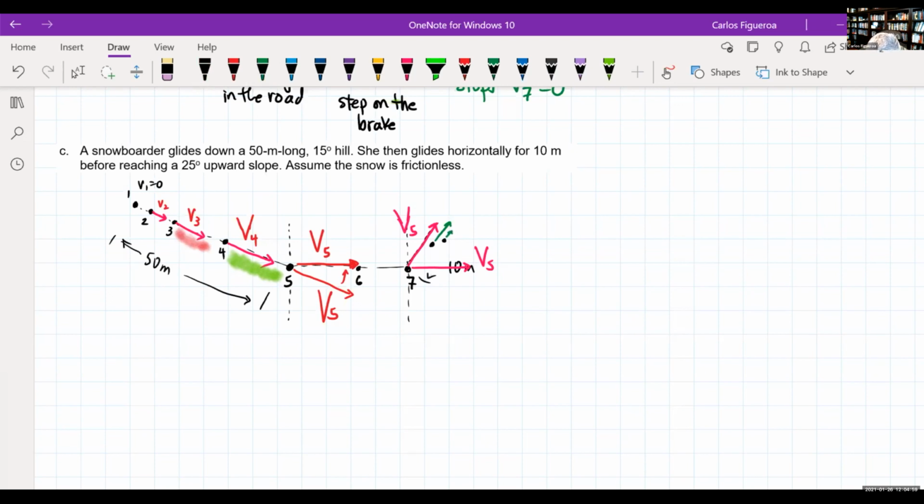And I'm going to get rid of this 10 here. And then at some point, what's it going to do? It's got to stop. So if this would be 8, 9, 10, at V10, it should be 0. And that's what I mean by a motion diagram here.